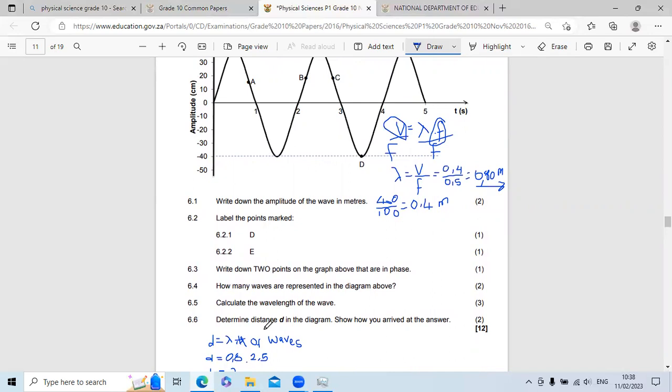I didn't find it hard. I was just unsure about 6.3 and 6.2. Okay.